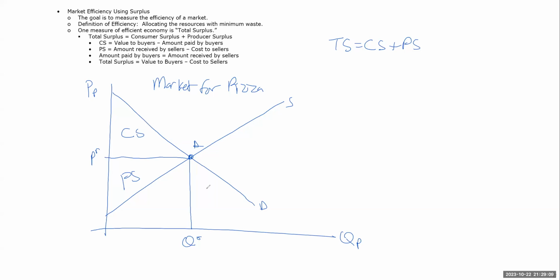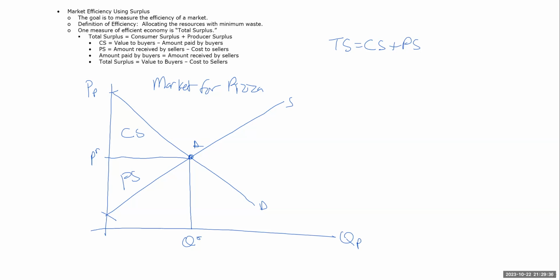So how do you measure total surplus? Well, you could do base times height of this triangle, assuming both supply and demand are linear, or you could just calculate consumer surplus and add it to producer surplus. It should be identical.